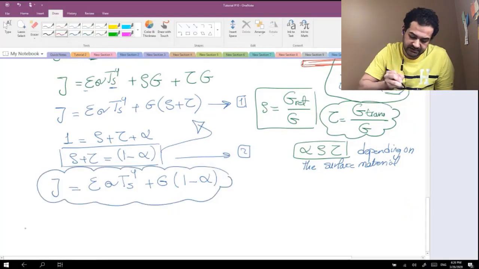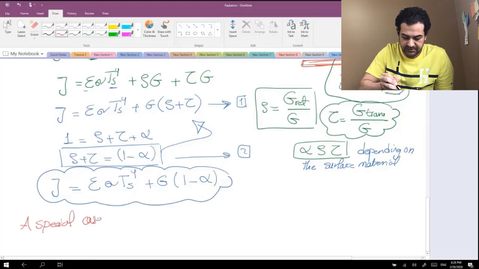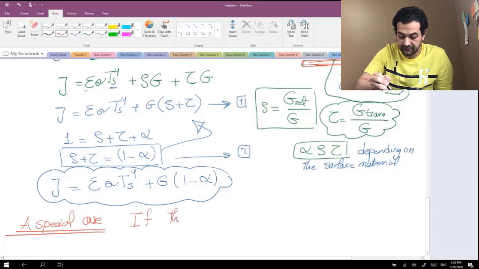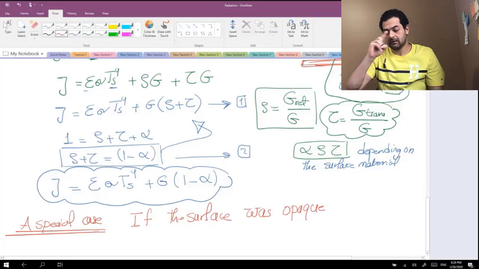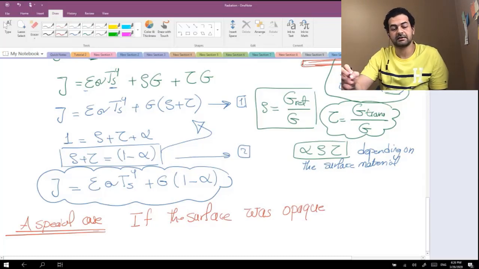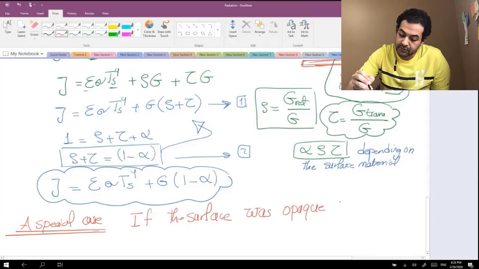Special case here. If the surface was an opaque surface, like there is nothing to transmit through, so the tau here is going to be 0.